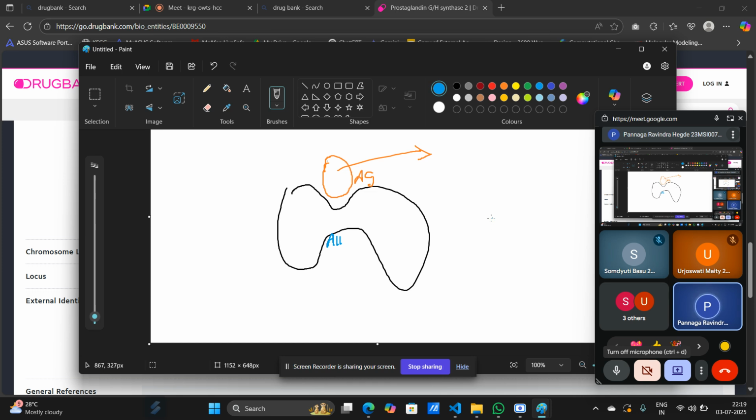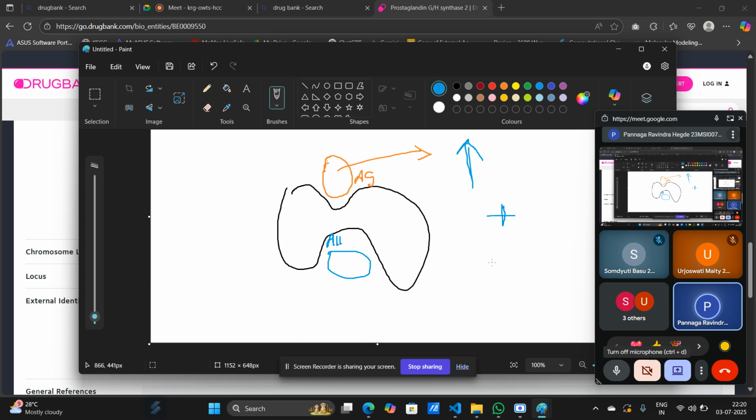For example, in positive allosteric modulation, when a molecule comes and binds here, it is going to increase the production of the product further. There is going to be more product formation than usual.